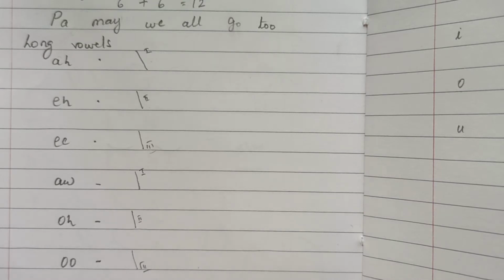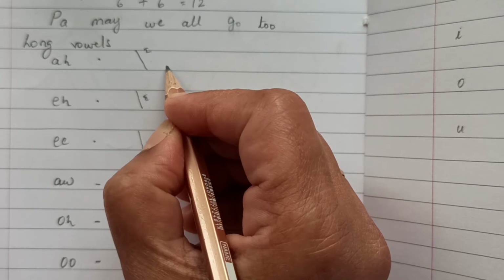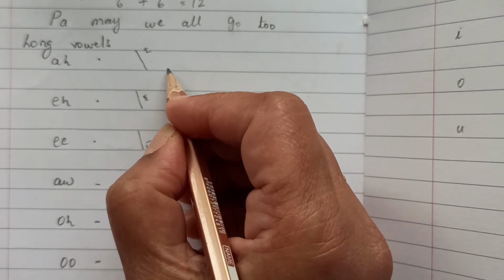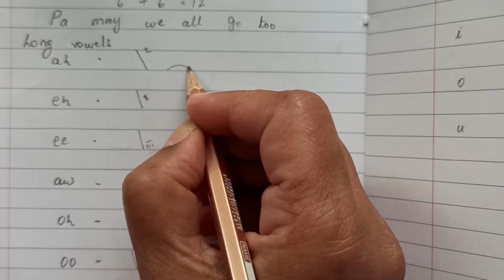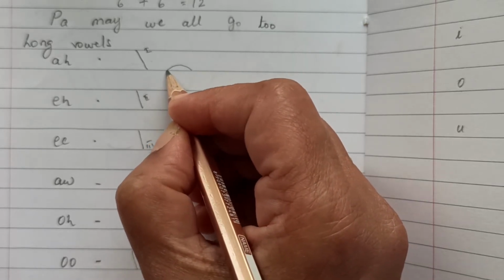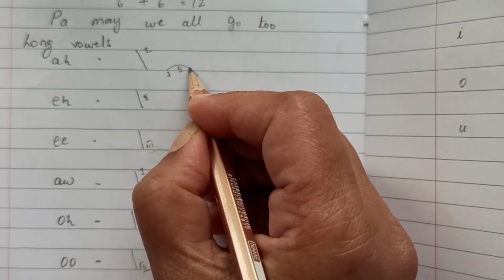Suppose if we take a horizontal stroke, then again where we start the consonant. Suppose if I take a horizontal curve stroke like this, then this will be the first place, second place, and third place.